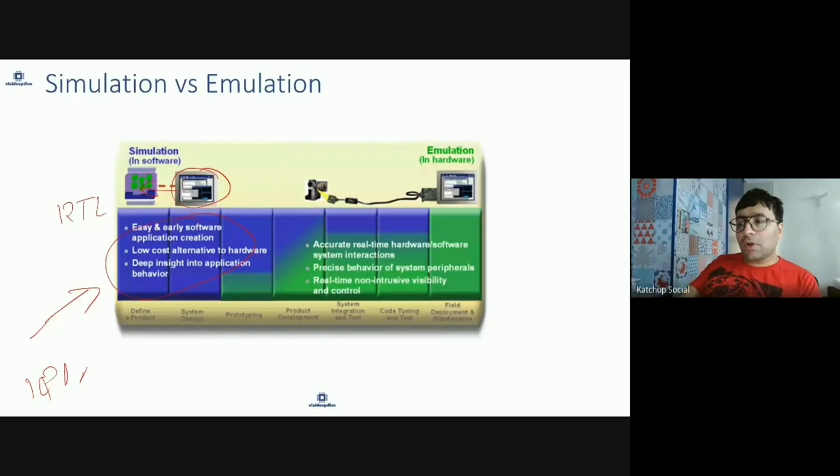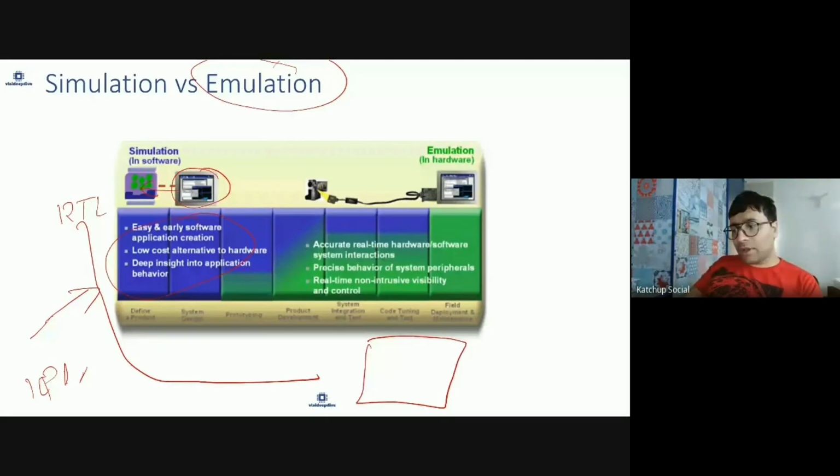It can be made faster if you run it on actual hardware. That is known as emulation, where whatever RTL you have written is ported onto a board, typically either an FPGA board or a specific board created by companies like Synopsys and Mentor. This board is connected to your software, which is a simulator. Rather than testing everything in software, the logic now runs on hardware, but the values are tested on the software.